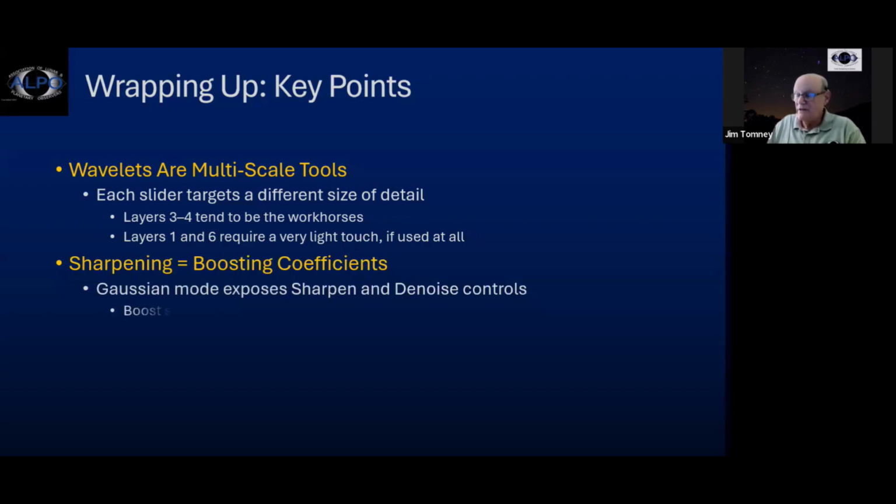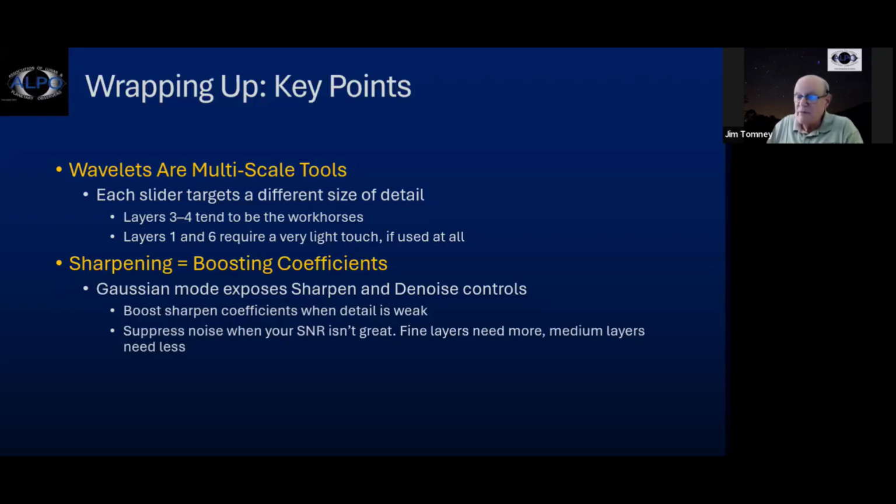Sharpening, when you are using it in the Gaussian mode, you're going to basically boost the strength of that layer when you are increasing the sharpening. You definitely want to suppress noise when your signal to noise ratio isn't great. Fine layers are going to need more of that suppressing of noise, the denoise part.